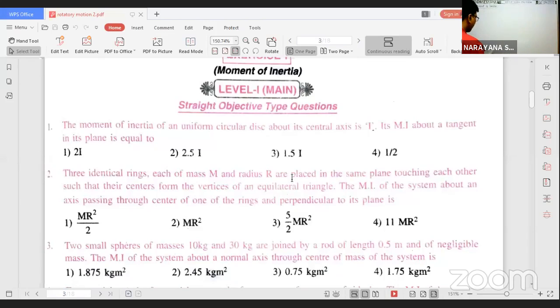Already yesterday I have given some problems to you. So in lecture sheet, exercise 1, level 1, page number 98.